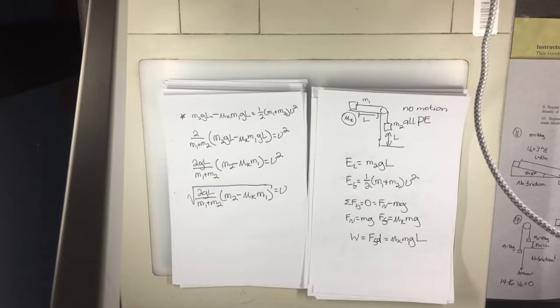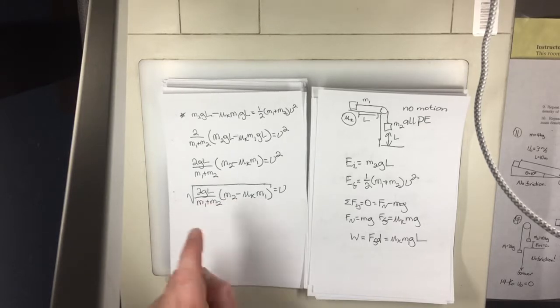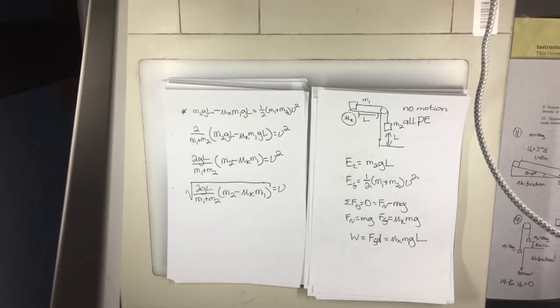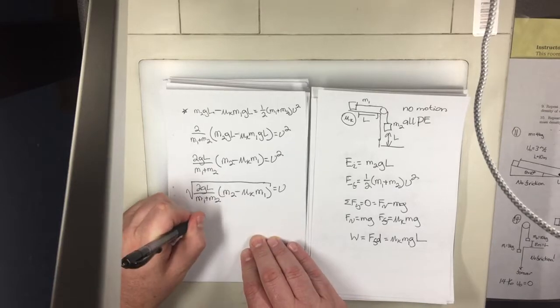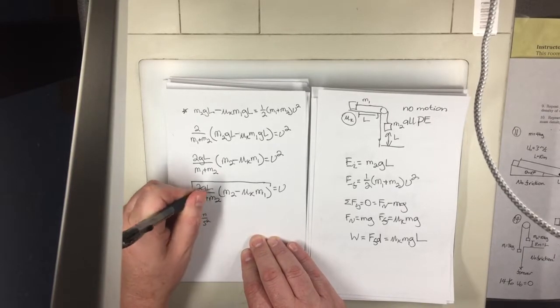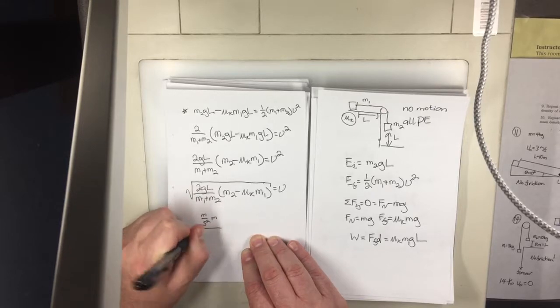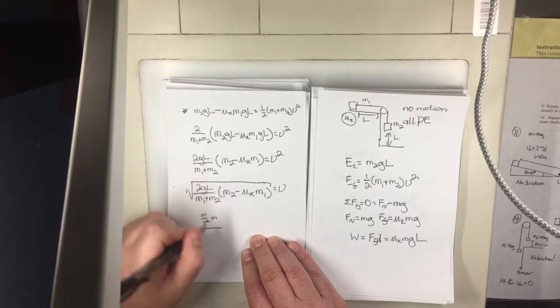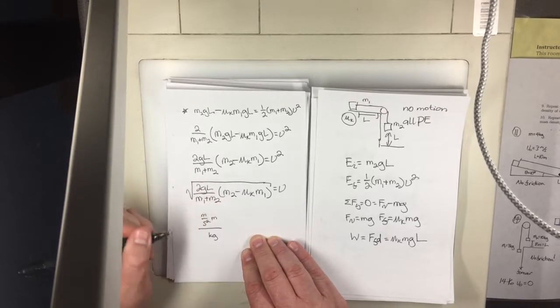I don't know. One of the things that we could look at here is, let's do a unit check and see if this equation right here makes any sense. g, meters per second squared. L, meters. M1 plus M2 are both kilograms.